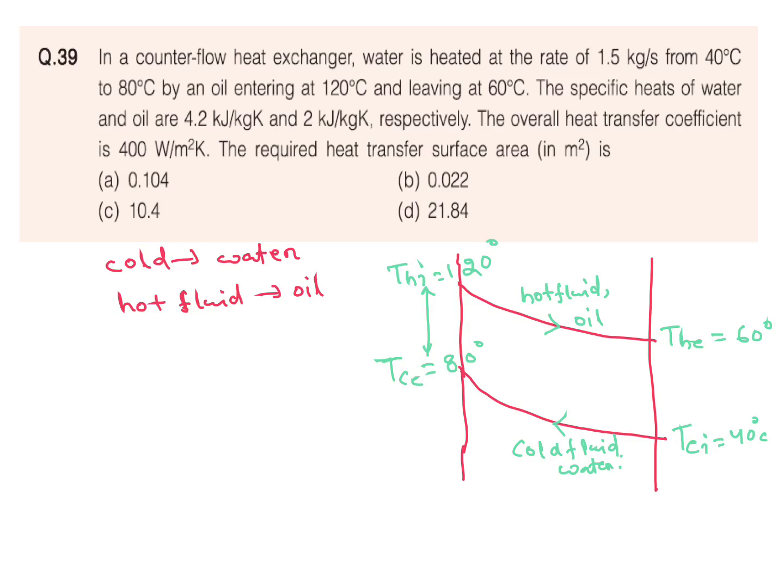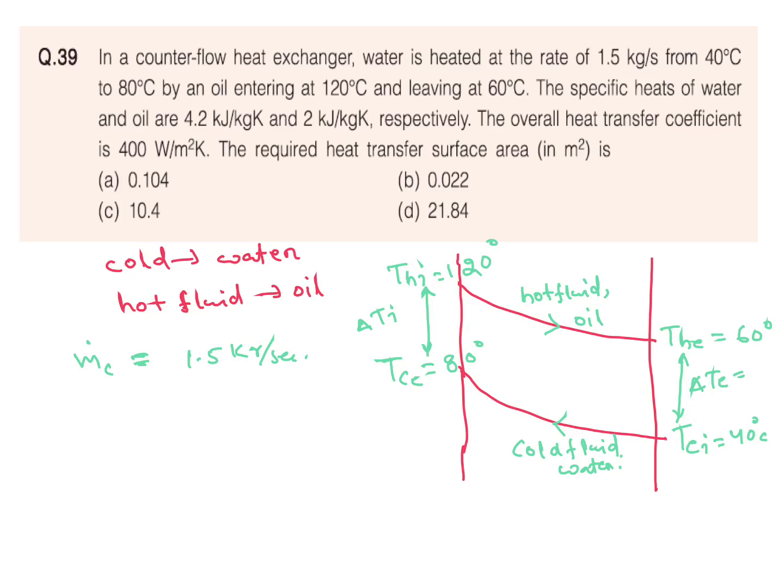Delta Ti at inlet is the temperature difference between THI and TCE. Delta T at exit is the temperature difference between THE and TCI. Here the cold fluid mass flow rate is 1.5 kg per second.